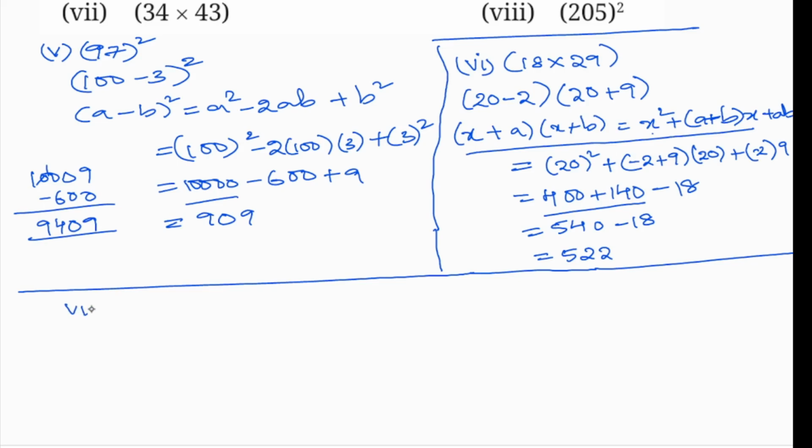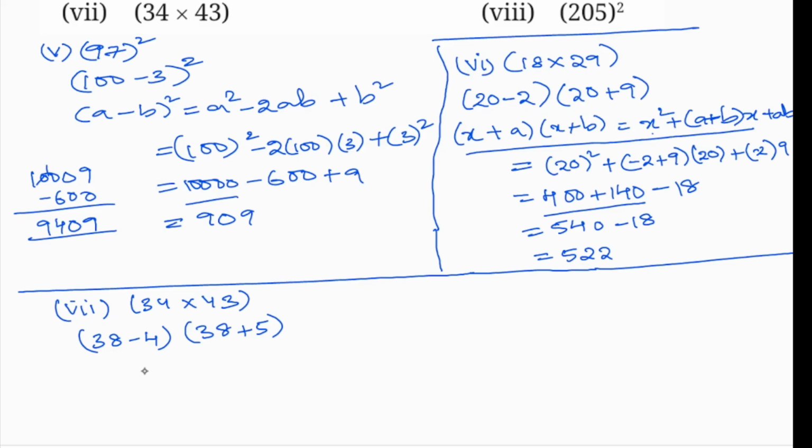Seventh bit, 34 into 43. This 34 can be written as 38 minus 4, and 43 can be written as 38 plus 5.